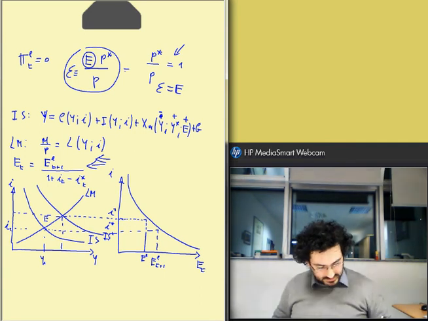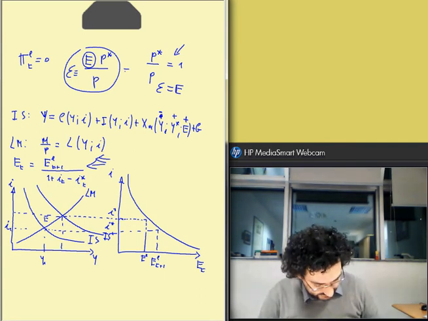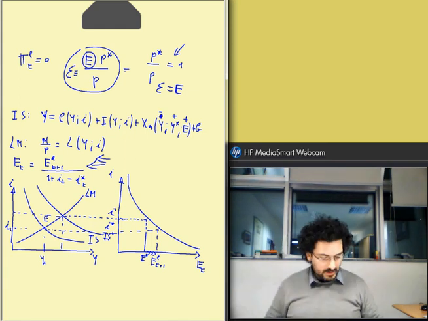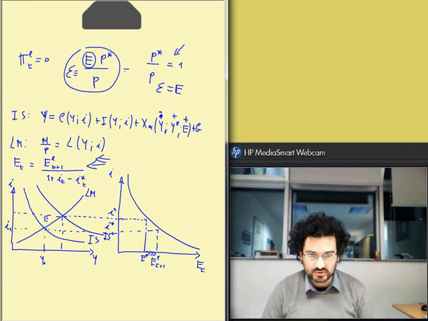But the expected exchange rate will not change. So the expectation in this case is an expected depreciation in the exchange rate.